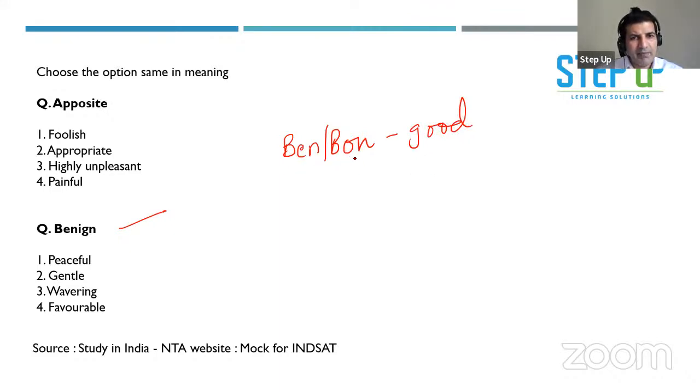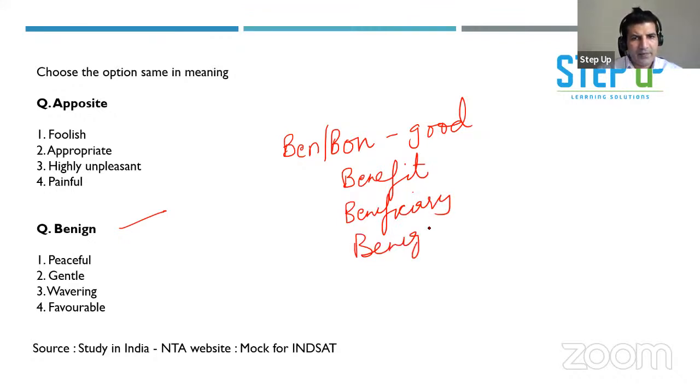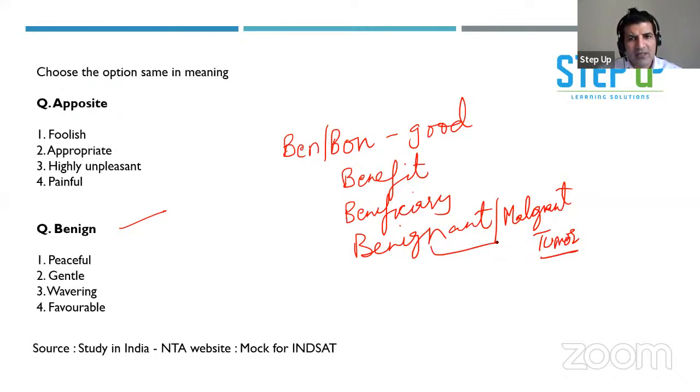Some other words from this root are benefit, beneficiary, benign, or benignant. The opposite word is malignant. Sometimes people get a tumor. It can be a benign tumor which can be treated. Malignant is the cancerous tumor which is bad. Things like that. Benefit, benefactors, and things like that. So favorable.